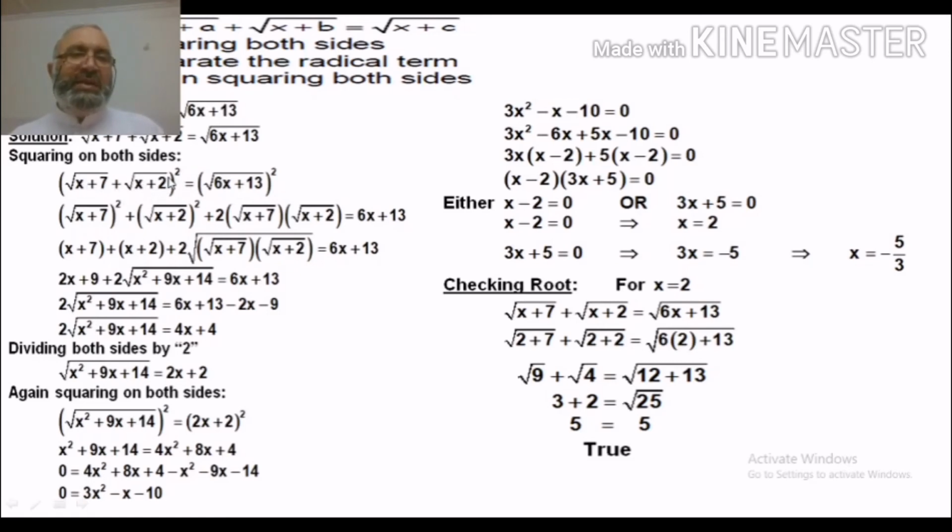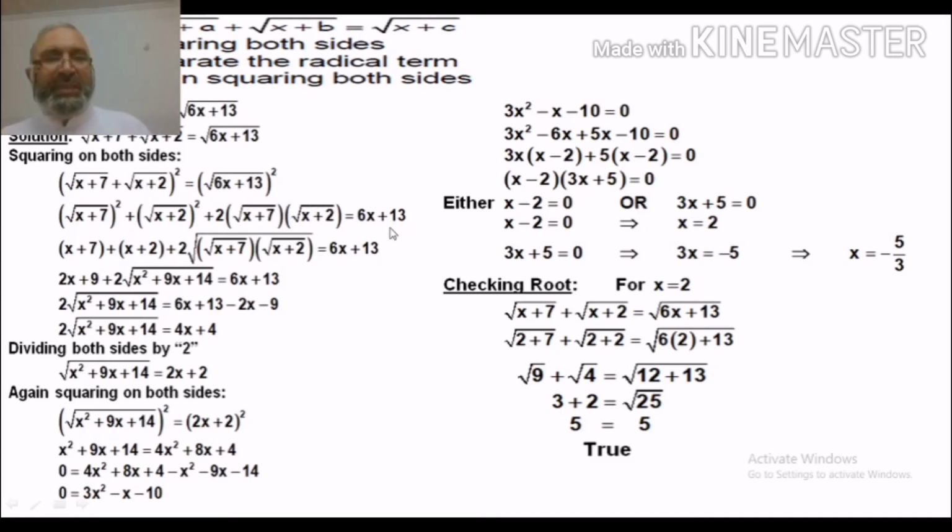By that formula, expanding these two terms: first (√(x plus 7)) square in place of a square, plus second (√(x plus 2)) square in place of b square, plus 2ab, 2 into a term √(x plus 7) into b term √(x plus 2), is equal to, on the right side there is only one term, so the square root cancels with the square, we get only 6x plus 13.